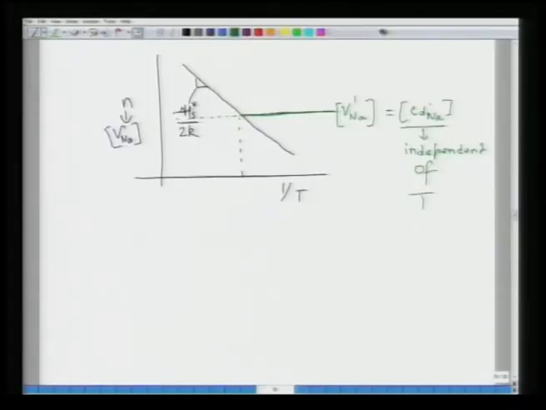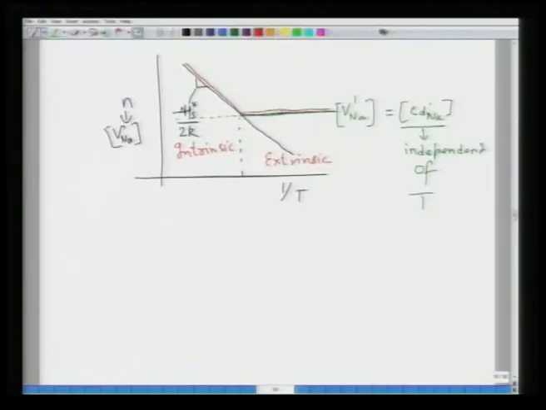So you have two regions here: the overall concentration, the intrinsic region followed by the extrinsic region. This will be your intrinsic vacancy creation region, and this will be your extrinsic vacancy creation region. In the extrinsic region, the concentration of vacancies is determined by the concentration of impurities. In the intrinsic region, it is determined by temperature.